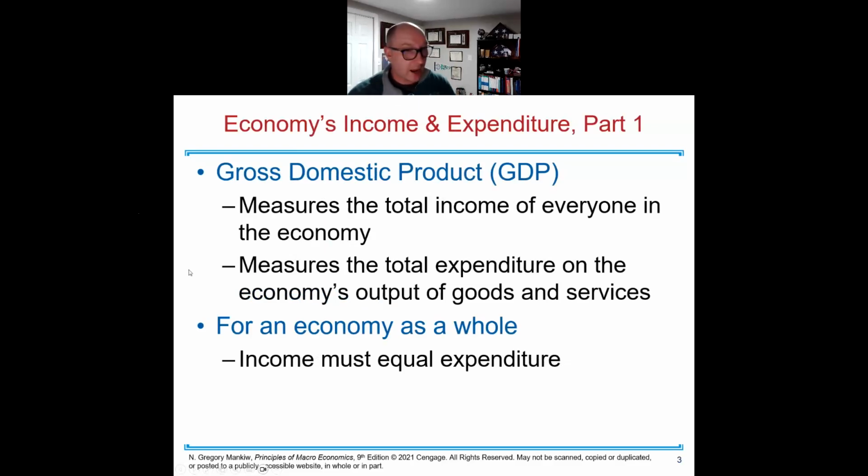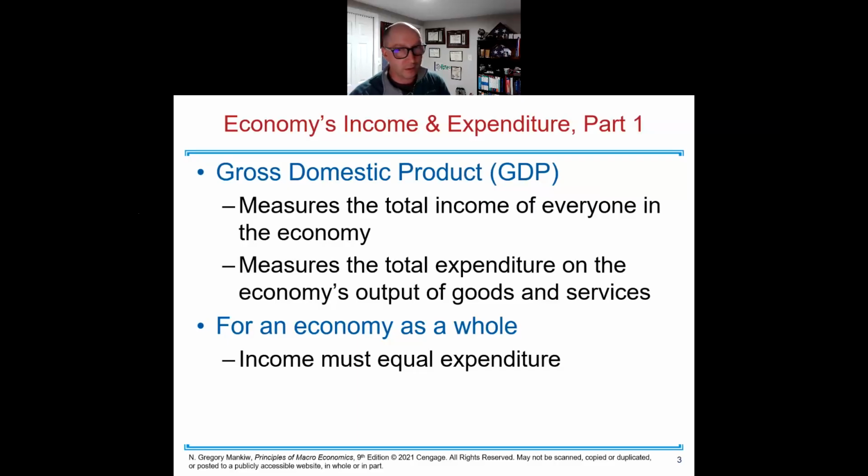So as I had mentioned a few times, gross domestic product, the idea is that we're using this as a tool to measure the total income of everyone in the economy, which in turn tells us the overall health of the economy. Okay, it also measures the total expenditure on the economy's output of goods and services.